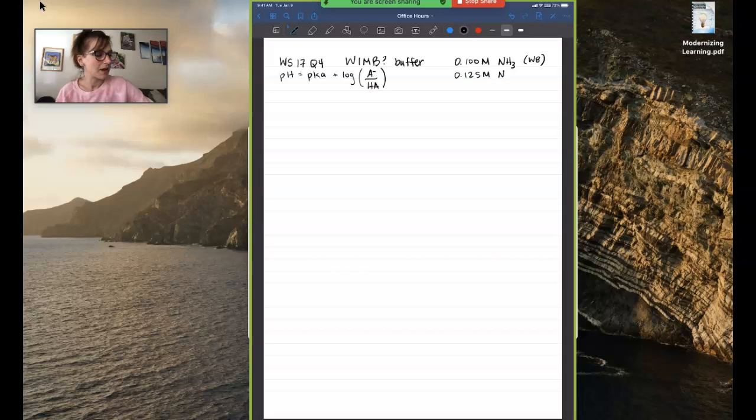ammonium bromide. Now remember when we purchase chemicals, and let's say we want an ion like ammonium, NH4+, well, you can't just purchase NH4+. You purchase it as the salt, right? So it needs to be partnered up with a counter ion, for example, in this case, bromide, Br minus.